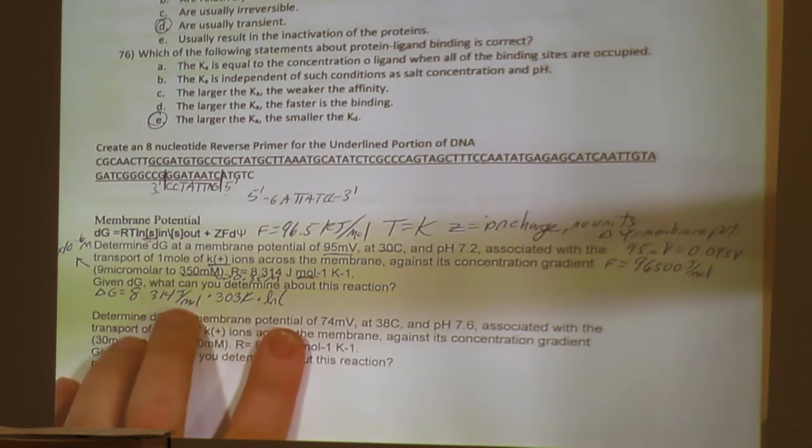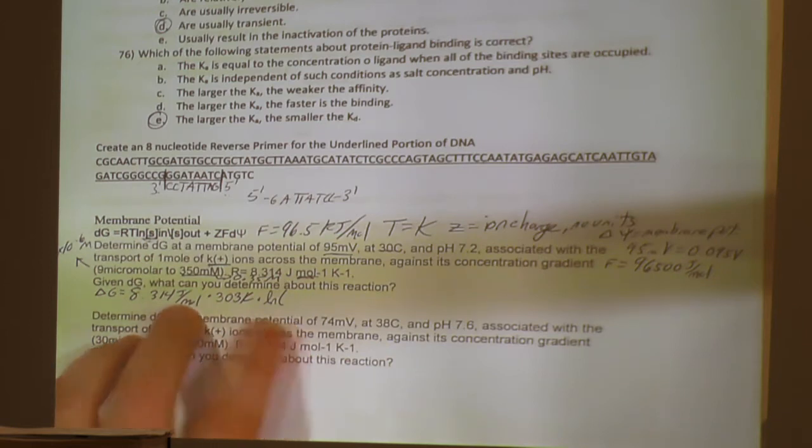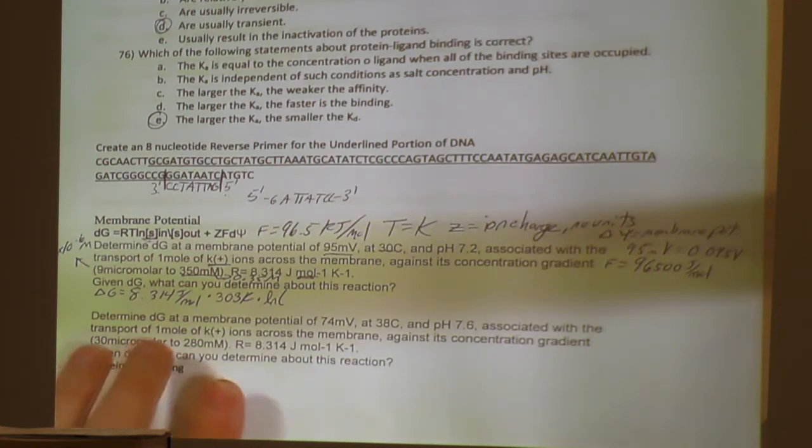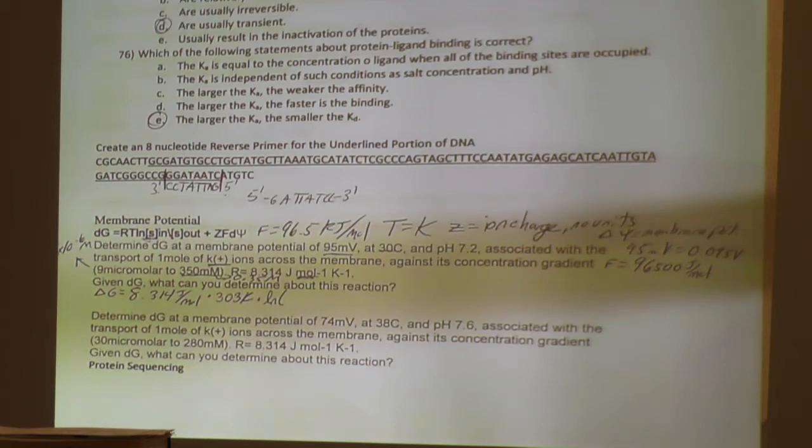If the higher concentration is within the cell of the potassium ions, which number would you use as concentration of S inside cell? So if this is 9 times 10 to the negative 6 molar, and that one is 0.35 molar, which one's a higher concentration? Yeah, 0.35 molar is the higher concentration.